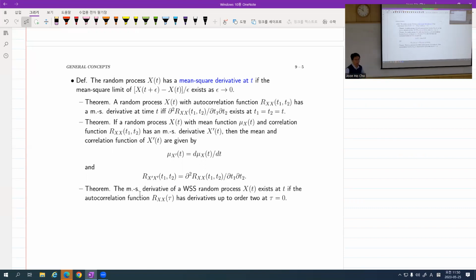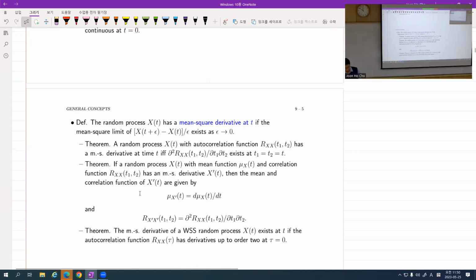Okay, now here goes a more difficult idea, the mean square derivative of a random process. In order to understand this one, let's simplify and review our prior knowledge. So given a continuous time signal, of course, in your high school math and calculus, it was a function. It was not a time function, but as electrical engineers, we love x(t) rather than f(x).